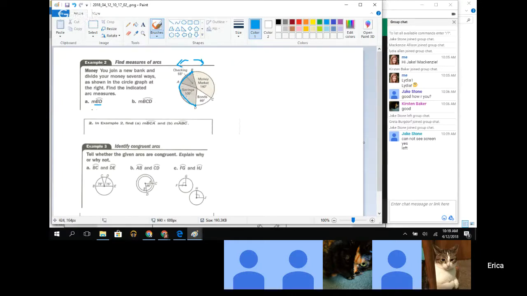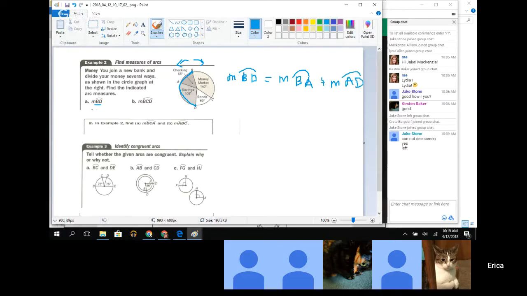So BD is going to be equal to, if we technically wanted to write this out the right way, the measure of BD is equal to the measure of arc BA plus the measure of arc AD.